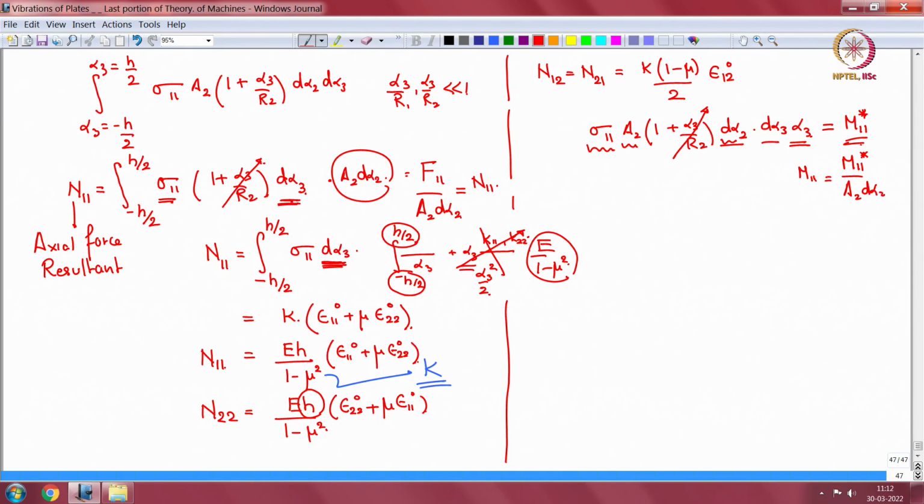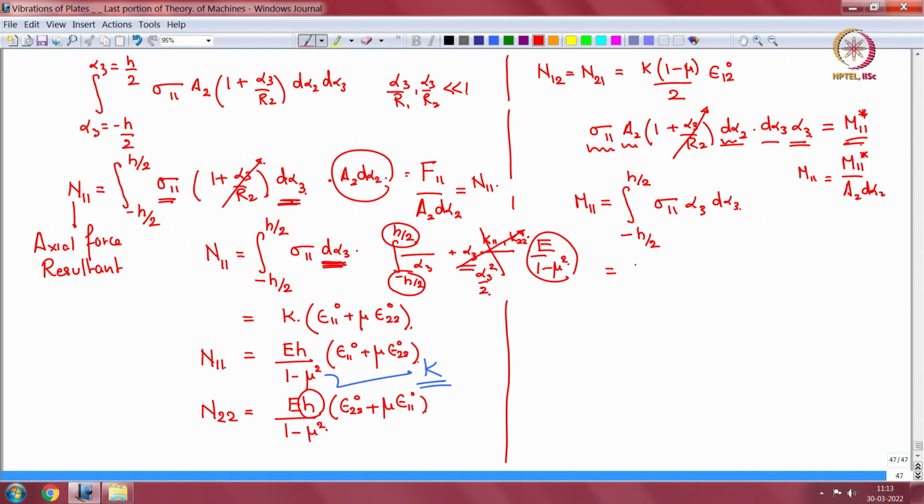Okay. So that is M11 is equal to the integral from minus h by 2 to h by 2 of sigma 11 alpha 3 d alpha 3. Okay.